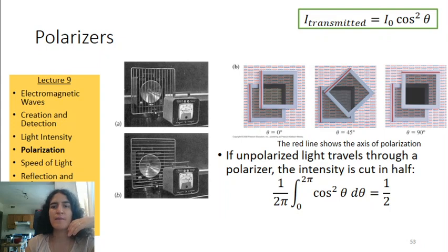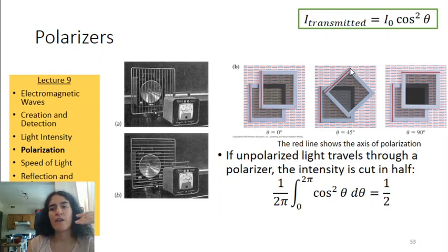Here, this is demonstrating Malus's law. The orientation of the polarizer is demonstrated with this red line. If I have the two red lines lined up together, then the angle theta would be 0, so I would expect light to just pass through both filters.